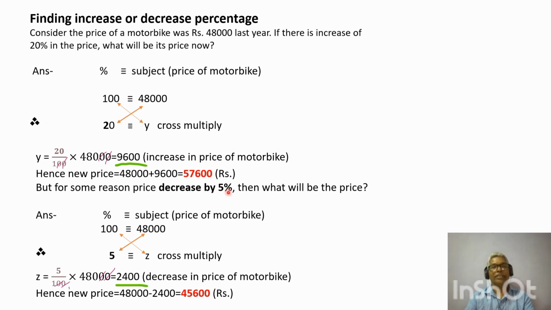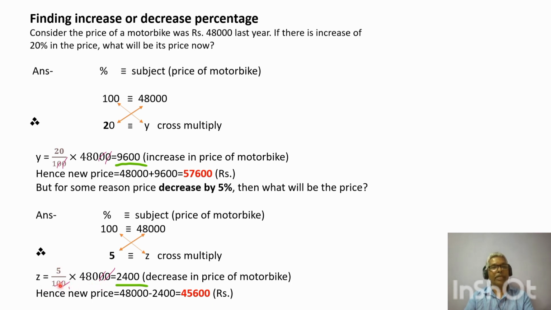Okay. But for some reason the price decreased by 5%. Now here it is a decrease. Then what will be the price? You need to find this 5% in terms of rupees as given here. So you use the same formula, same format, percent and subject. So 100 corresponds to 48,000. So 5 corresponds to z. Now cross multiply and find the value of z, which is a decrease.